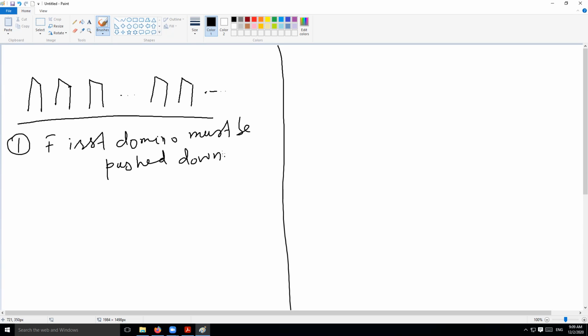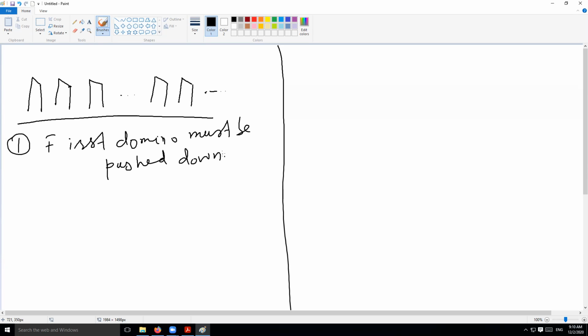So that's the first thing that happened. What should be the second thing? Is putting down the first domino going to be enough to prove that all of the dominoes have been put down? Anyone else? I want to prove with surety that all of the dominoes are down. So the first domino should be down. What should be the second thing?